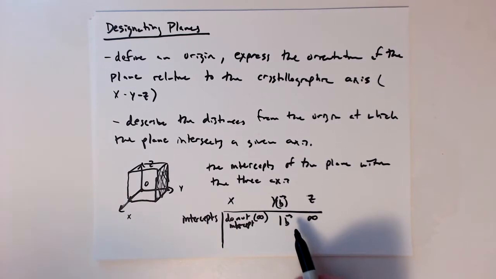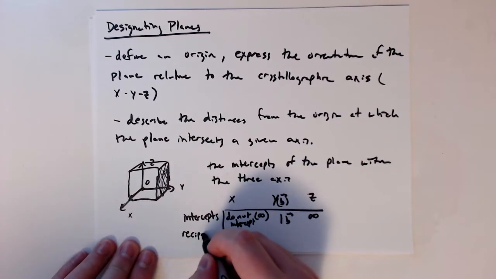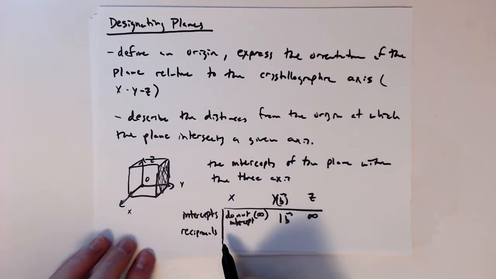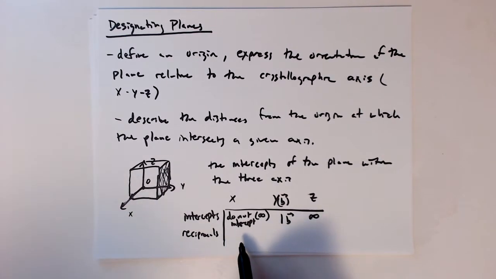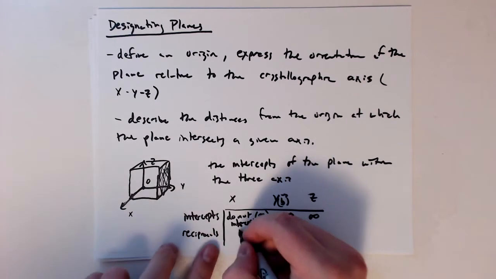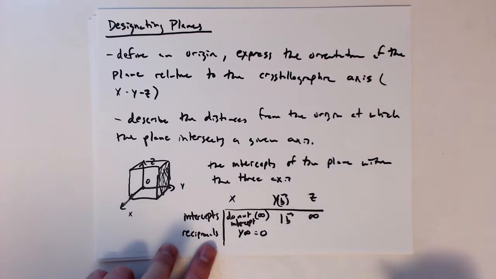So we can use this to describe the plane. And the way we do this is by taking the reciprocals of each of these intercepts. And I'll show you in a second why we do this, but we take the reciprocal. So 1 over infinity, we define that as 0.